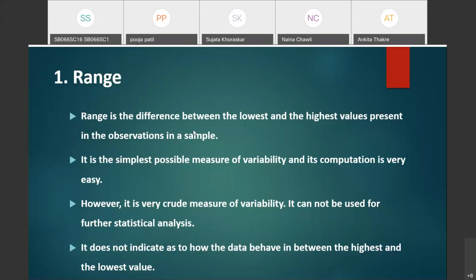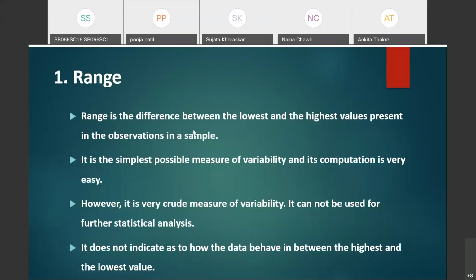That is the range of that particular numerical data. Range is the difference between the lowest and the highest value present in the sample. It is the simplest possible measure of variability, and its computation is very easy. Just by observing the data you can decide the highest value and the lowest value, and that is the range of that particular data.